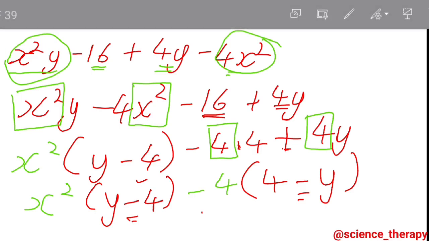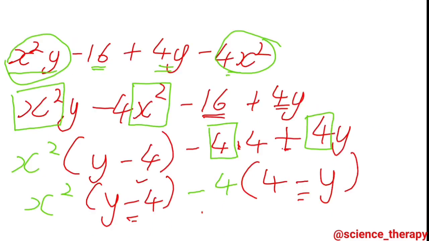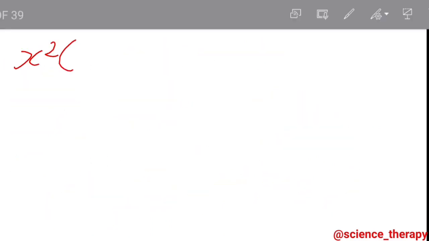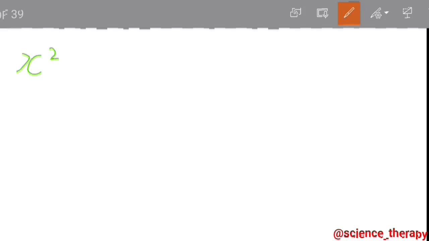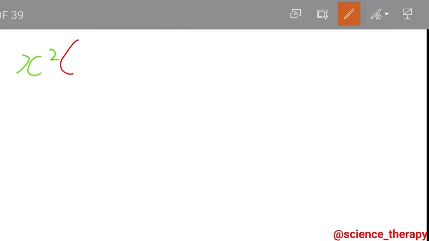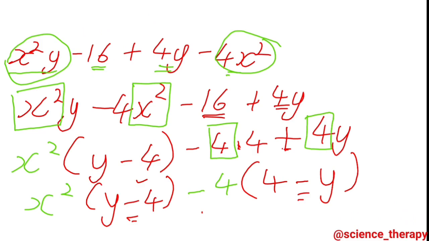So in this case, now we have x squared, okay. So we have x squared times y minus 4. But remember, we had a negative.